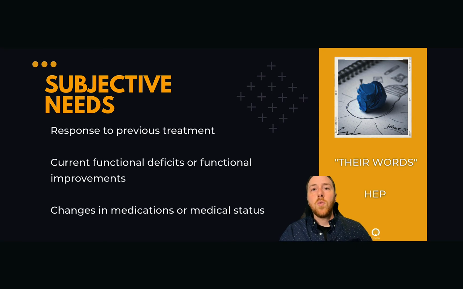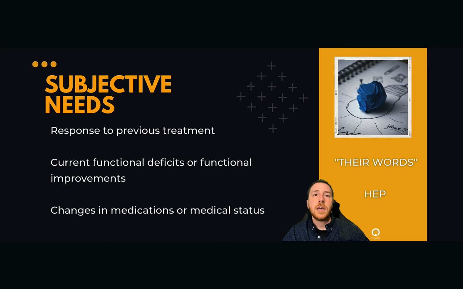Okay, so let's talk about subjective, right? What does subjective mean? This is going to be the first part of your note. This is the area where you really want the patient's perspective. I put on here their words, and that's it. There should be quotations around what they say. You ask them about previous treatments, how things are going in their life, functional status, etc. Any changes in medication or medical status.